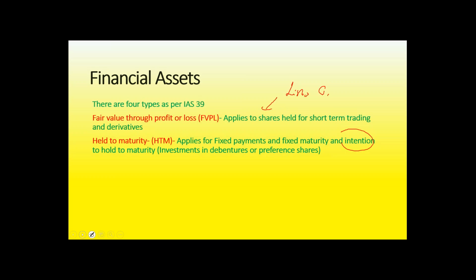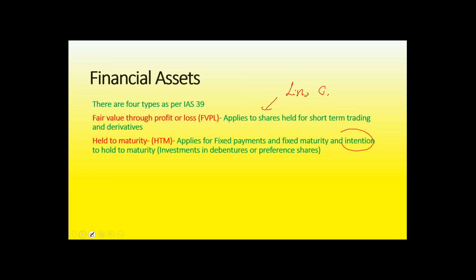In that case, you can't classify it as held to maturity. You might say that is your intention, but the evidence will prove that you cannot hold it, and therefore it cannot be classified. So it's not only your intention, it has to be evidenced by the fact that you have the capacity to hold on till 2020.